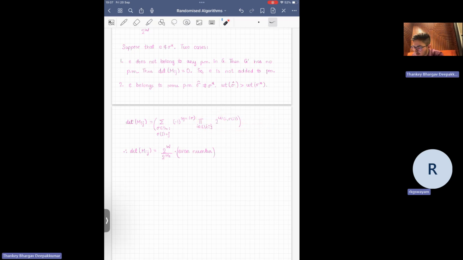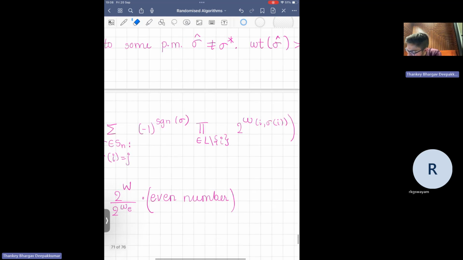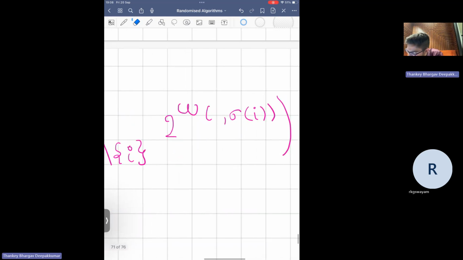So what's the weight of every perfect matching containing E? It's just 2 to the weight of sigma, right? And over here I am computing this product, but this product would end up becoming a sum of this form, I comma sigma I. Oh sorry, 2 to the sum over I. I should write something else than I, because I is fixed.